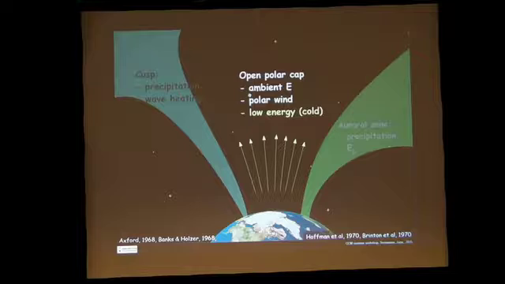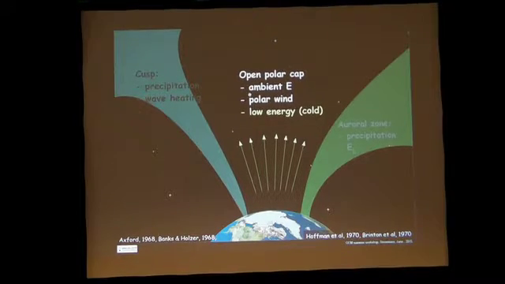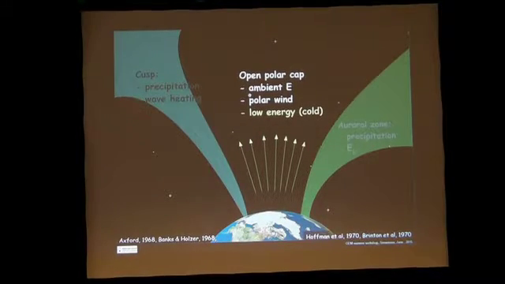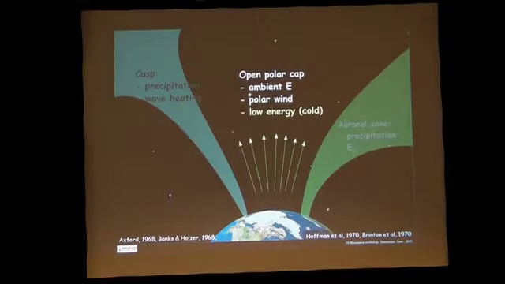You set up an electric field, and you can eventually drag out the ions, low energy ions, also from this region. This has been partly from the early models and concepts, Banks and Holzer, Axford, the polar wind concept should be known for most of it. Later also found in experimental data.